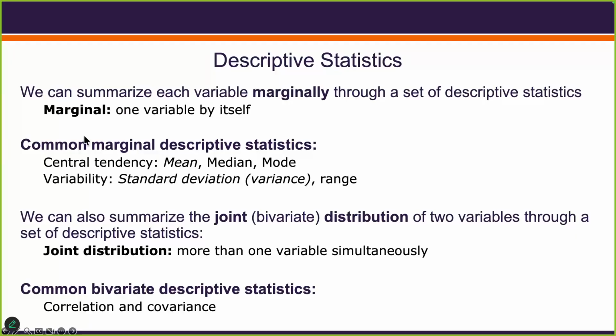When we have one variable and want to summarize it by itself, the common descriptive statistics are the mean, the central tendency, and the median. If the data are skewed, you would probably want to pick a median. The mean is the most sensitive to outliers and to deviations of some random chance. Median is less sensitive, and the mode of the distribution is even less sensitive than the median.